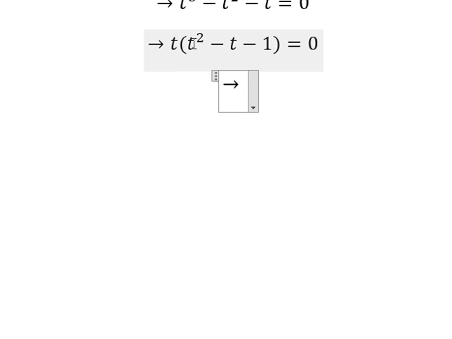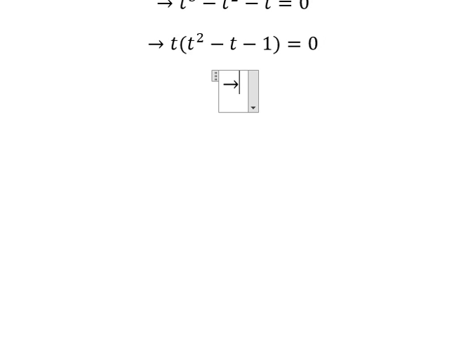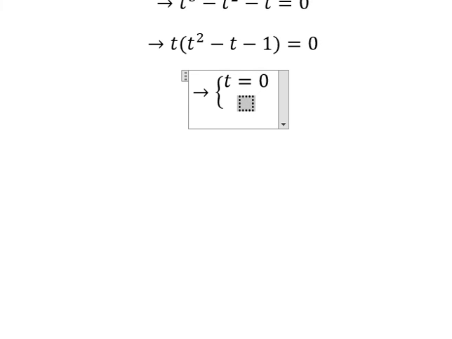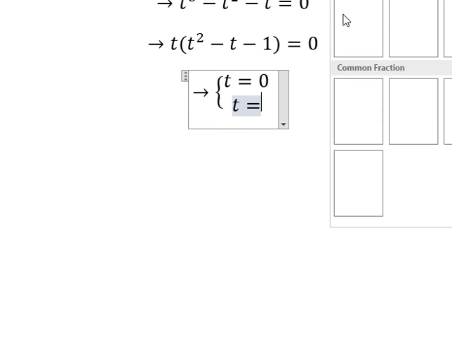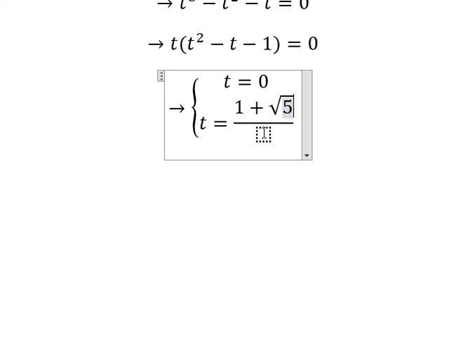So we have the first one, t equals 0. If we use a calculator to find the solution of this one, we have t equals (1 plus the square root of 5) over 2.